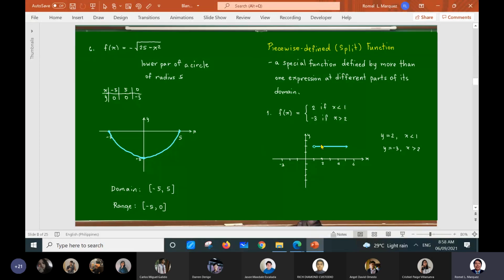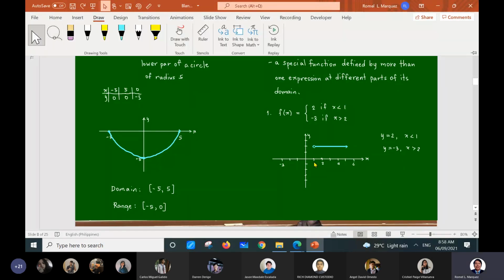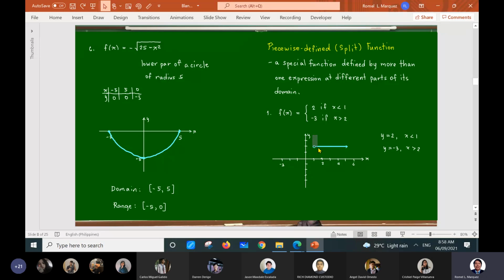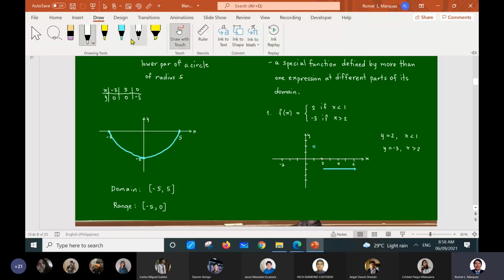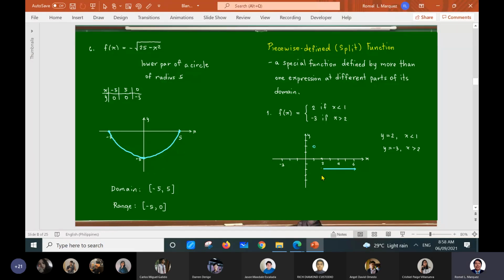Let us now move this graph. When x is greater than 2, somewhere here. Okay, children? So that is the one that is going to the right. This is supposed to be a hole. So at 3, negative 3, supposed to be here. Let me move this a little.